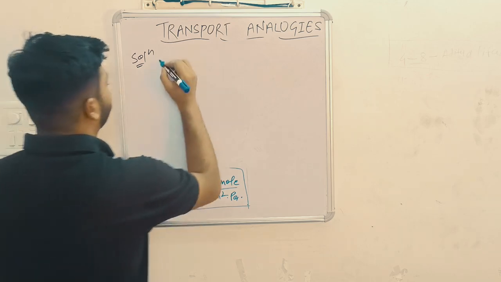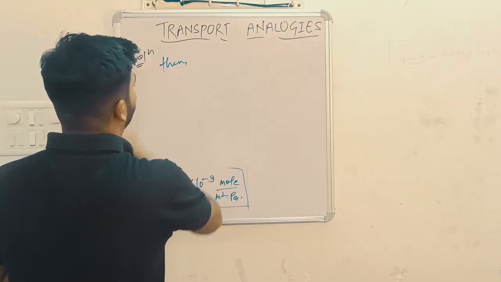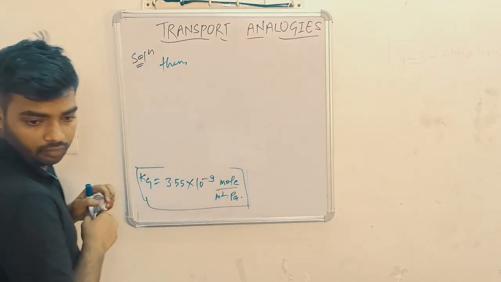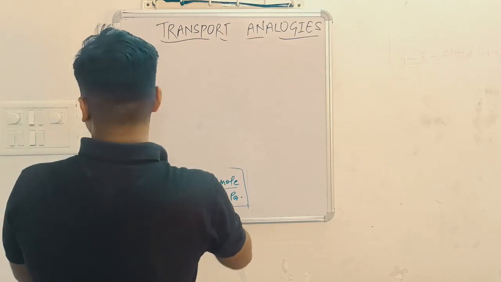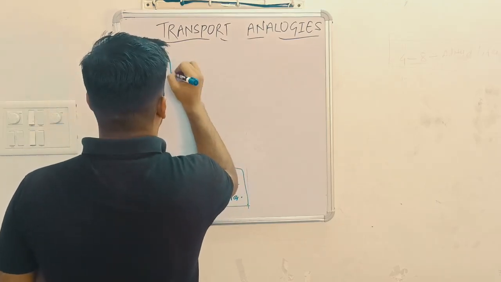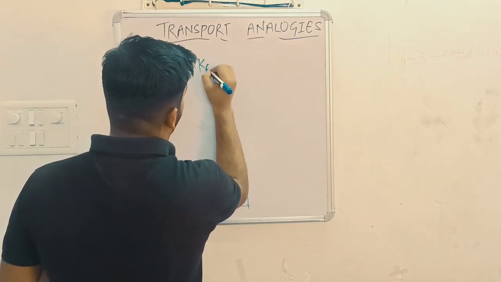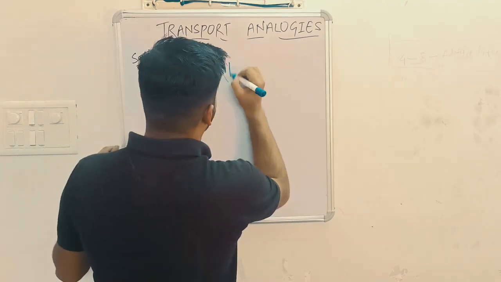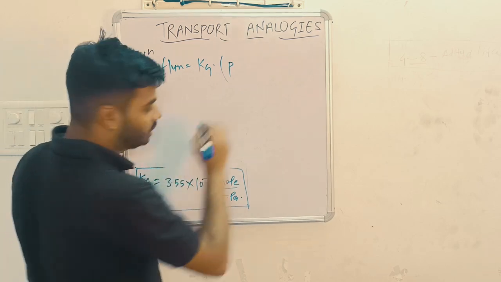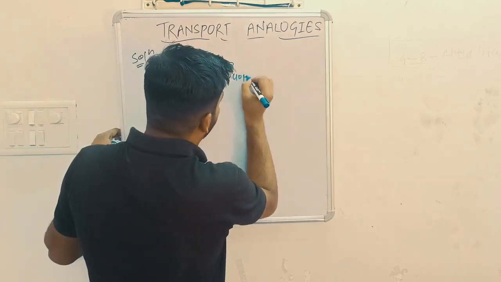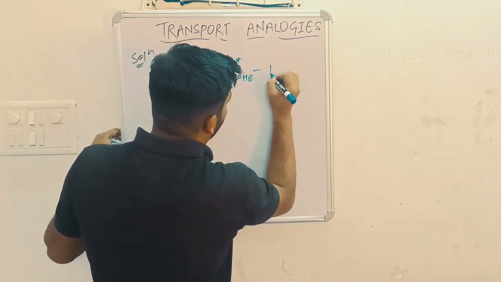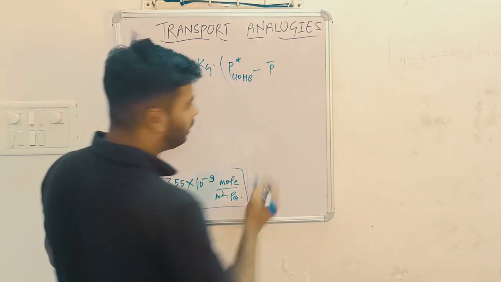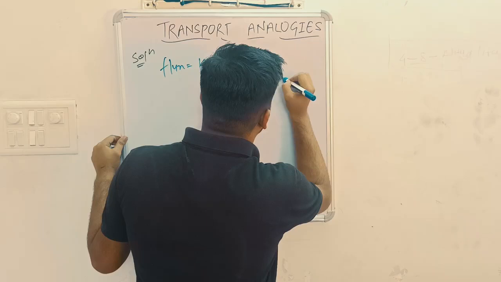Now from the convective mass transfer equation, we have flux equal to kg into initial pressure, C10 H8, minus vapor pressure of naphthalene in air, C10 H8.